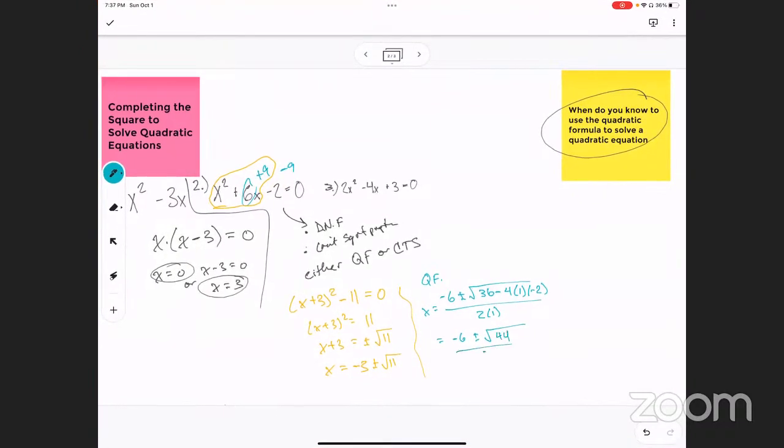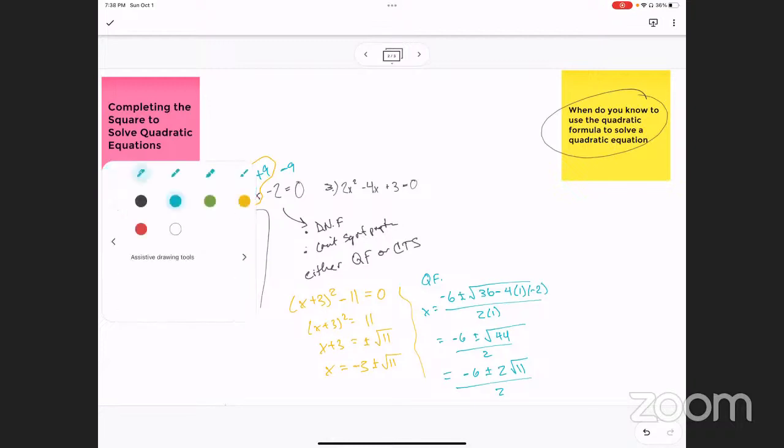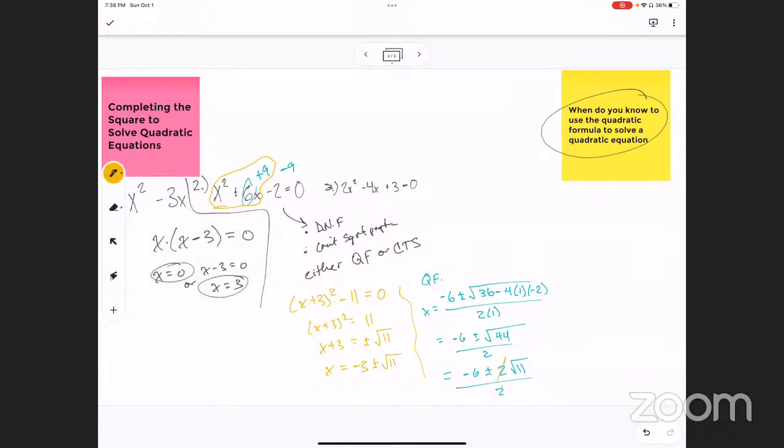Good. All over 2. Simplify that. Negative 6 plus or minus, 44 is 4 times 11. So the square root of 4 is 2. So I have root 11 that stays in there. You follow how I did that? Okay. And what cancels out here? The 2's. And my answer is negative 3 plus or minus root 11. Same answer.